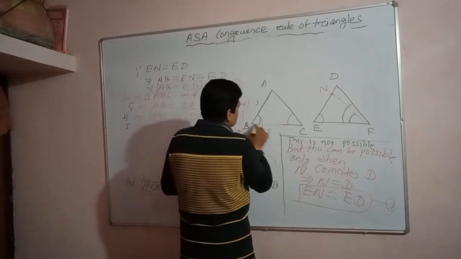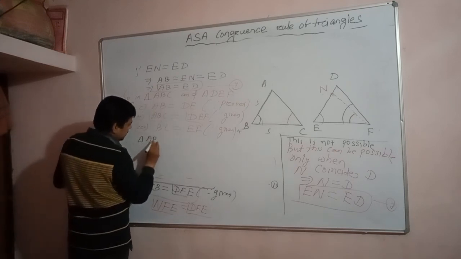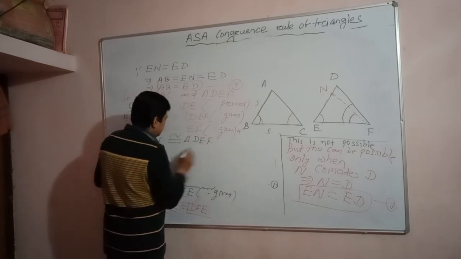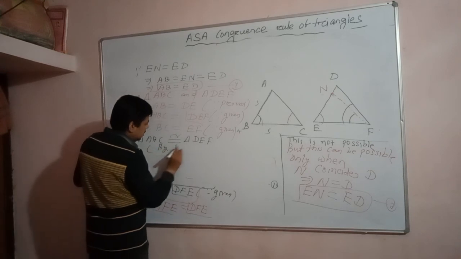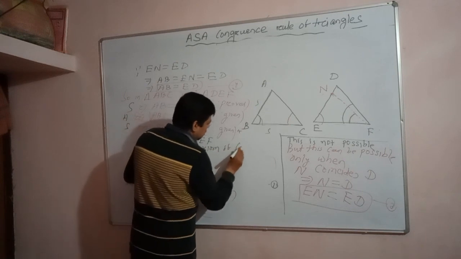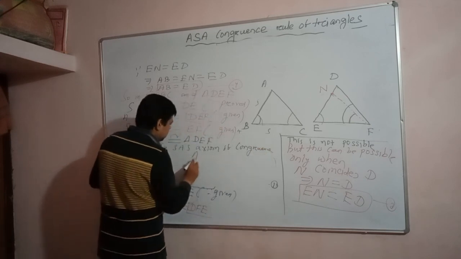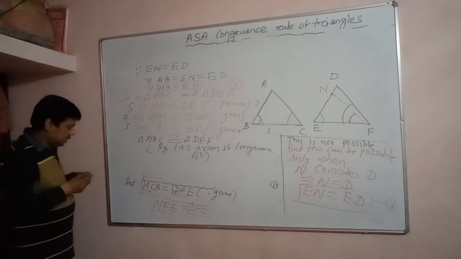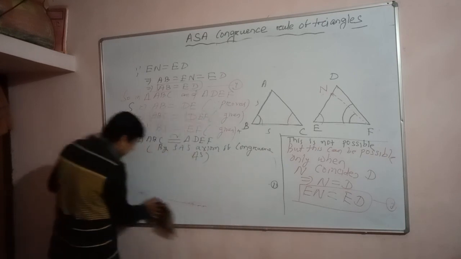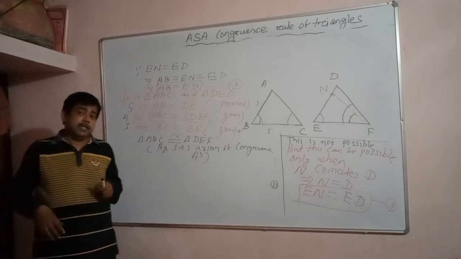So side angle side is satisfied. Thus triangle ABC is congruent to triangle DEF by the side angle side axiom of congruence of triangles. Okay? Understand? 3 cases we get. In all the cases we have clearly proved that the side angle side axiom has been satisfied, is verified.